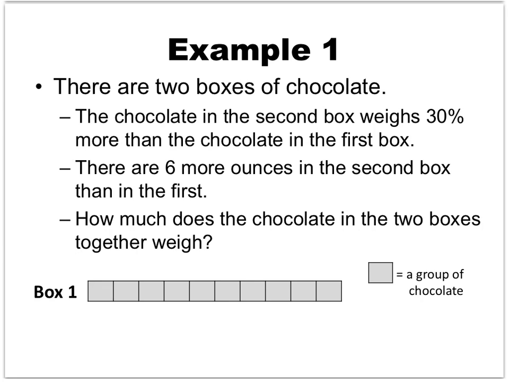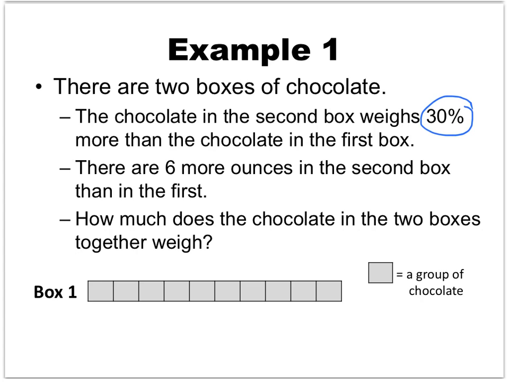So let's start off with box 1. We'll draw one long strip to represent the chocolate in that box, and then we're going to break this box up into 10 equal groups. Why 10 equal groups? Well, because we're talking about 30% here, and 30% is 3 times 10%. 10% is 1/10, so we're going to break this box up into 10 groups.